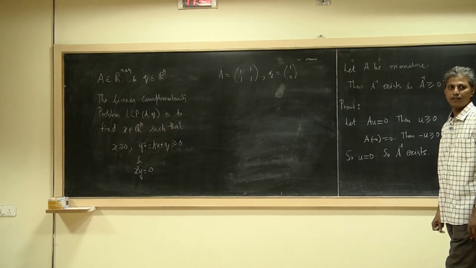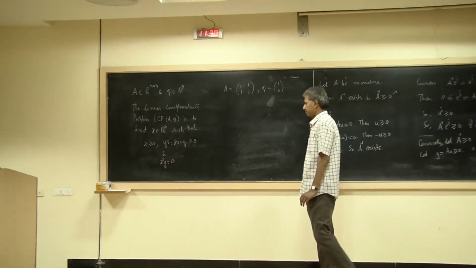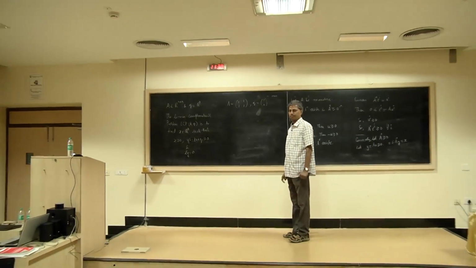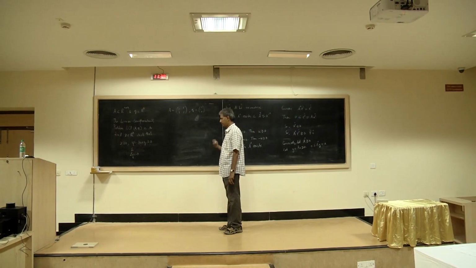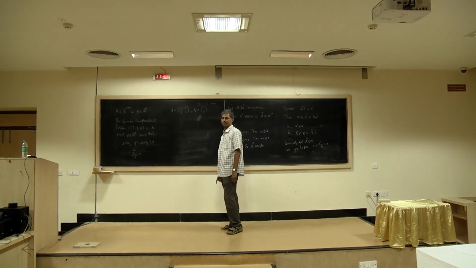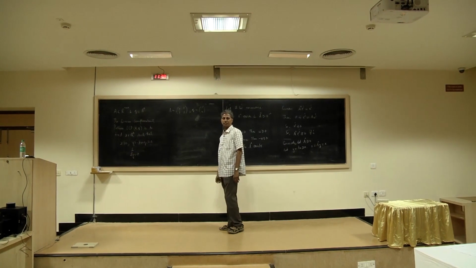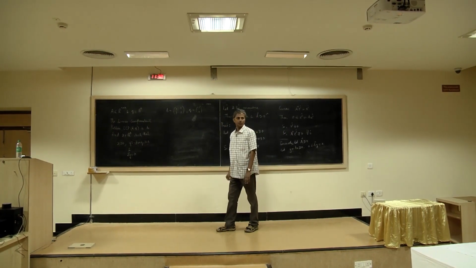Can you give me a solution for this Q? I want X non-negative, AX plus Q non-negative, X transpose Y equal to 0.